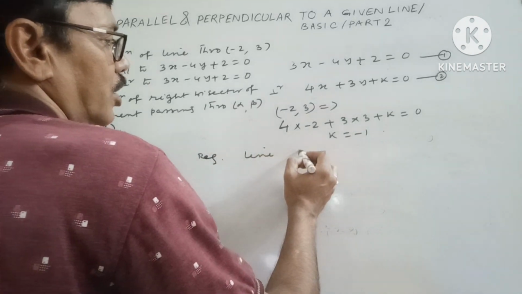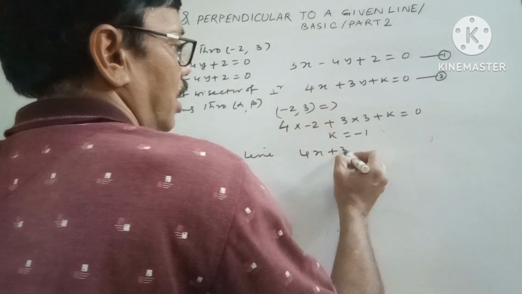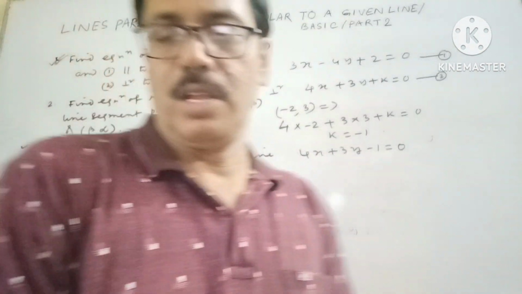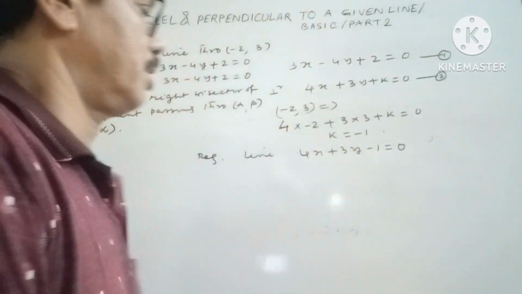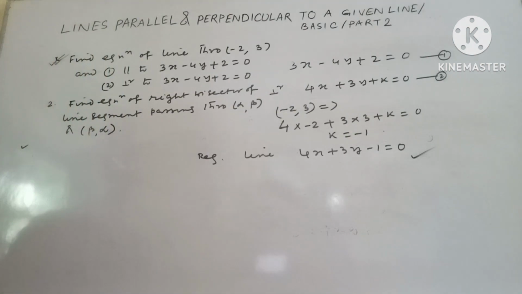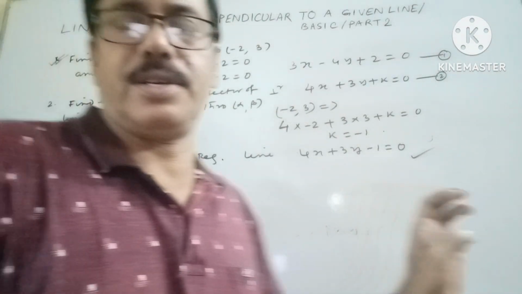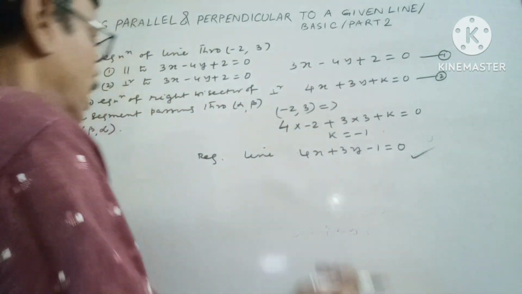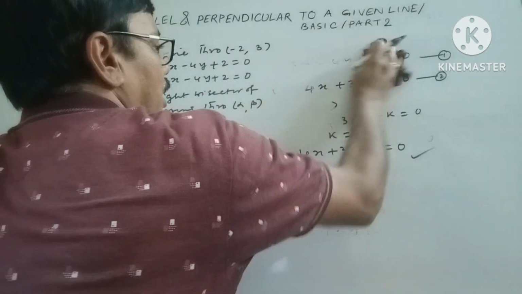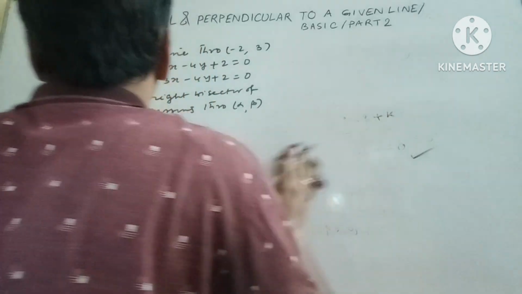The required line is 4x + 3y - 1 = 0. So when one condition is given, you get a unique line. So this is most important: how to find the perpendicular equation and the parallel equation.